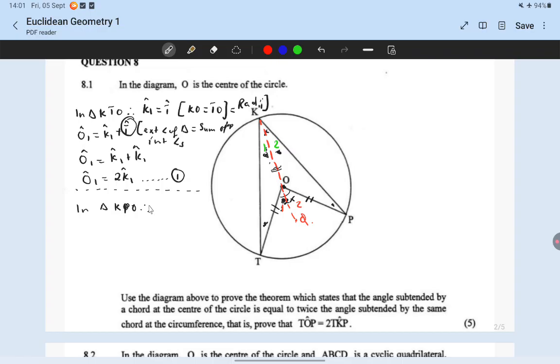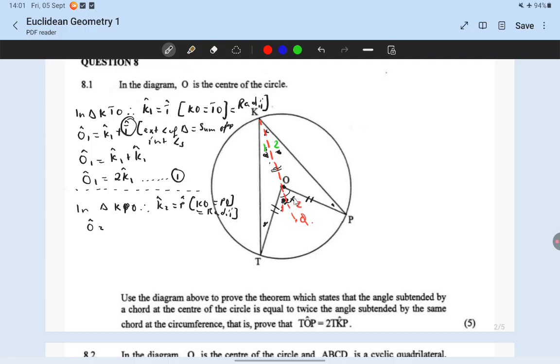So we can say our K2 is equivalent to our angle P. Why? Because our KO is equivalent to our PO. These are also equal radii, right?